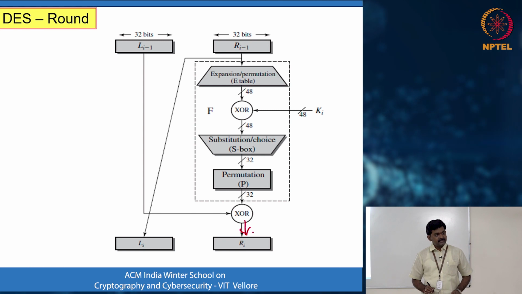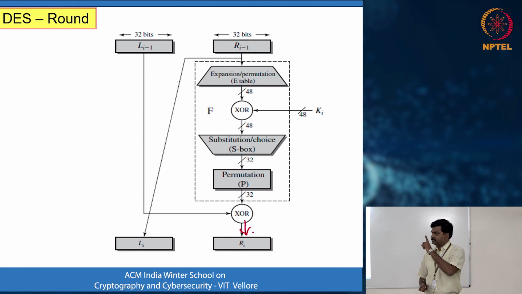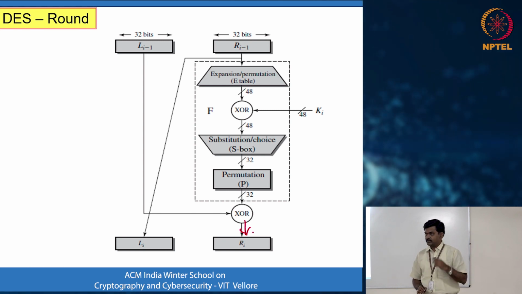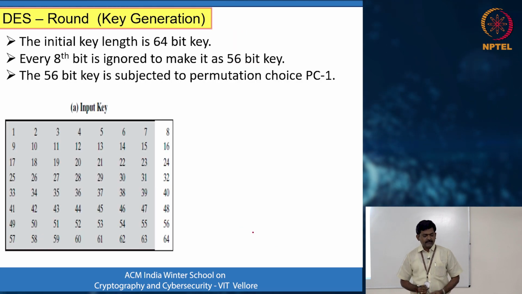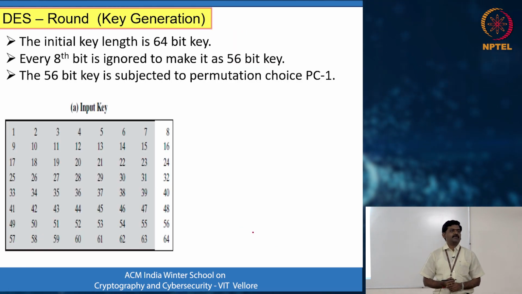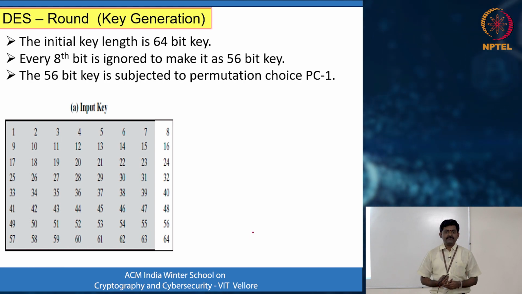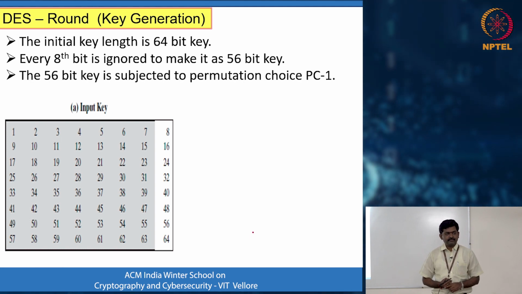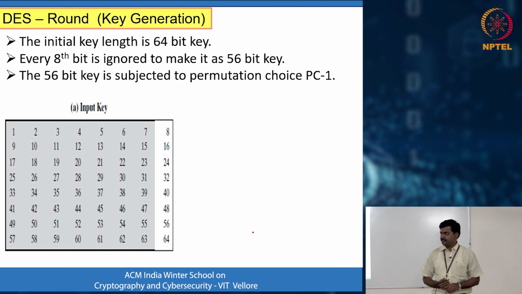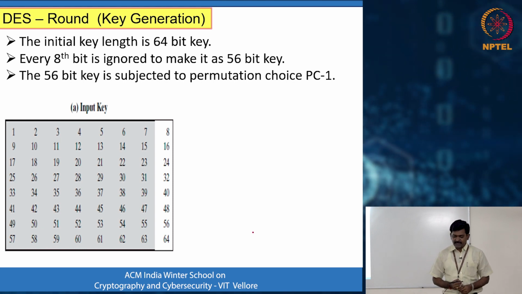With this, what we have completed is one round. Next, in the whole process, how many rounds do we have? 16 rounds. Now for every round you need a subkey. How do you generate the subkey?